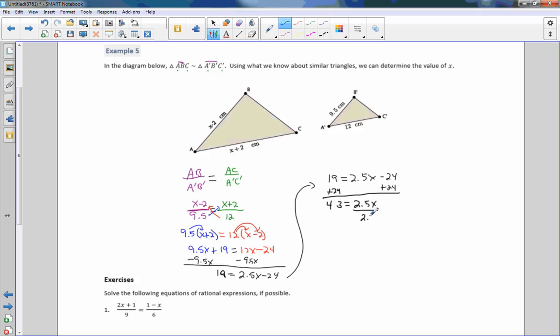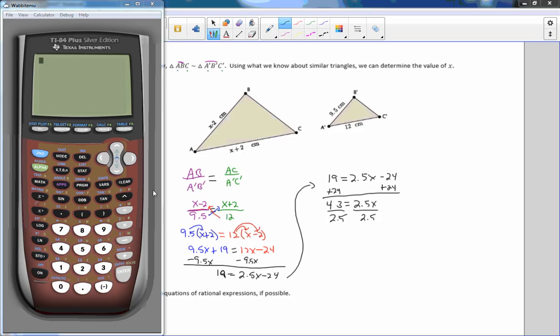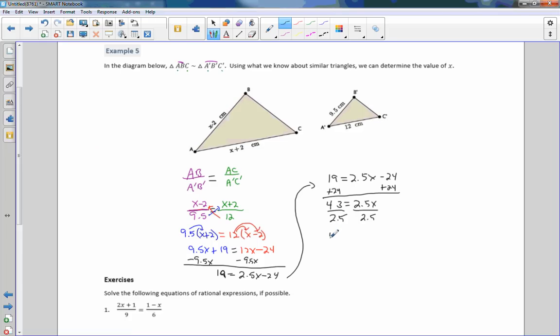Then when I divide by 2.5, okay, I get a calculator out here, and I'm going to take 43 divided by 2.5, and I get 17.2. 17.2 equals x.